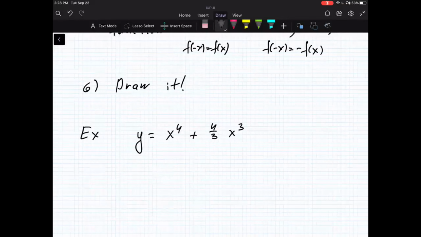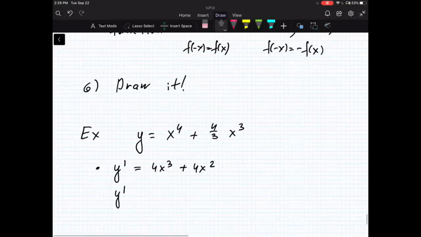Okay, so first of all, let's calculate the first derivative. y prime is equal to 4x cubed plus 4x squared. We see that there are no bad points where this first derivative is not defined, so we only need to find the zeros of the derivative.